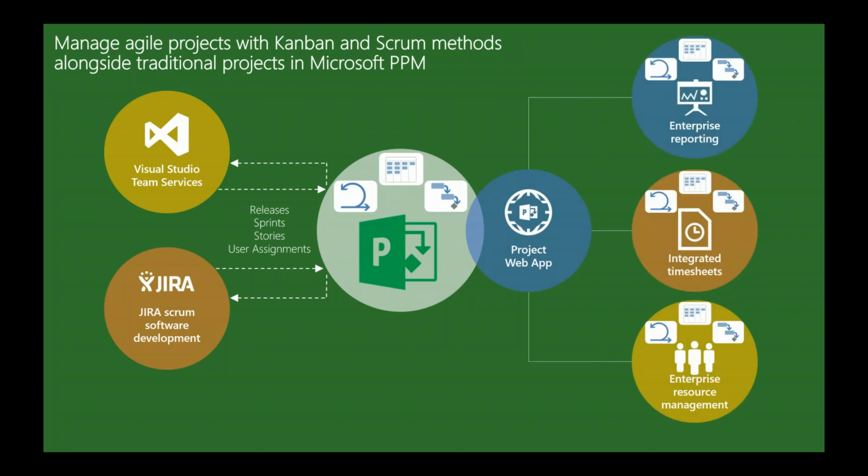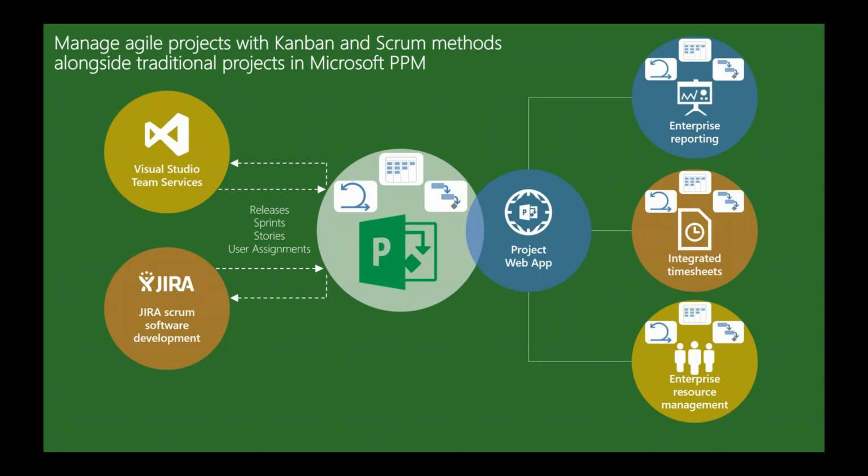You've got your project, you've got Project Web App, you've got all of your enterprise reporting, your integrated timesheets, your enterprise resource management all together. So being able to manage multiple methodologies in a single tool is huge. It's a great capability.